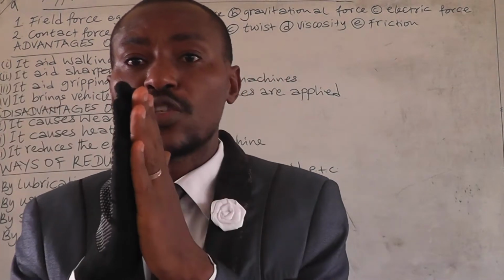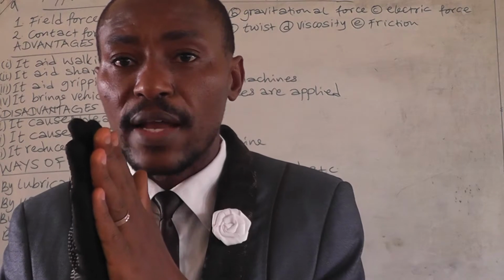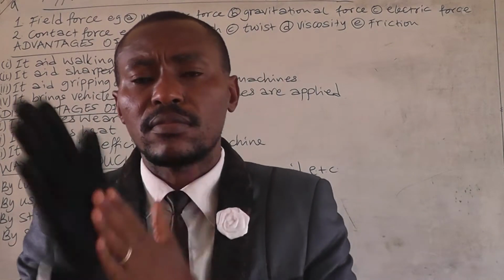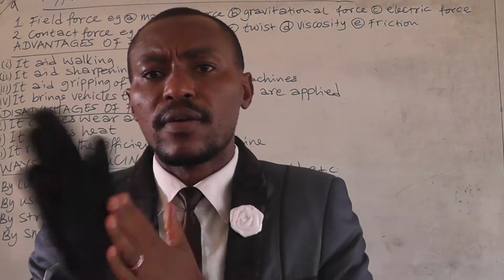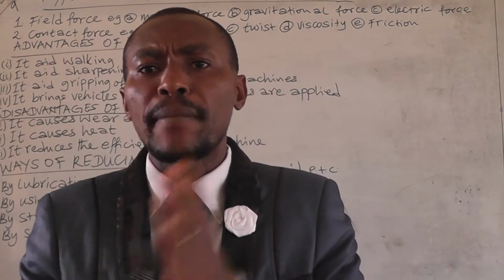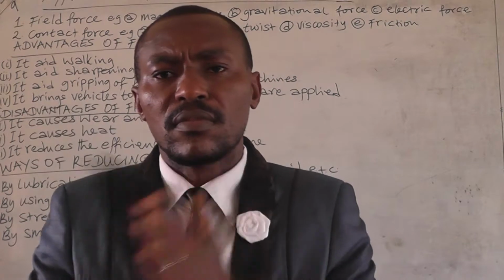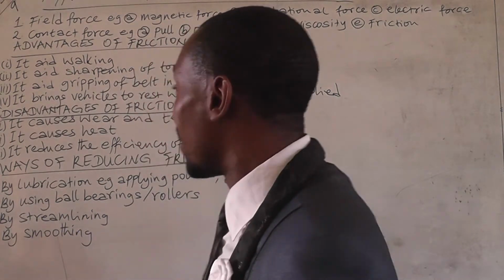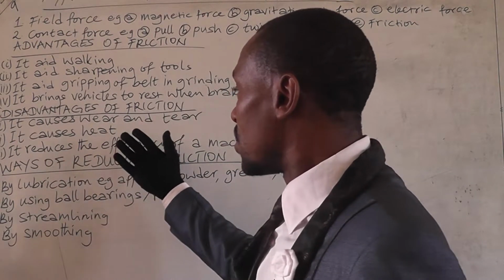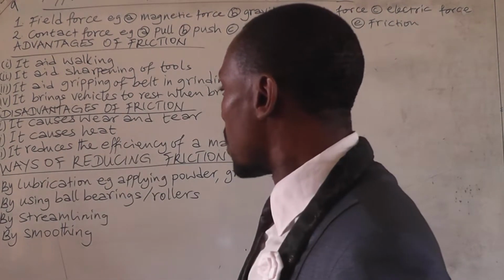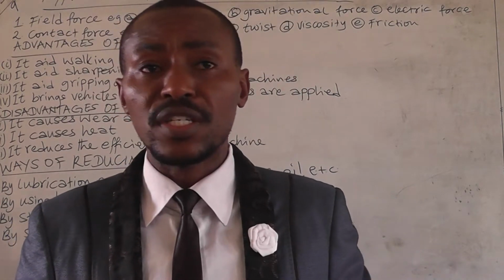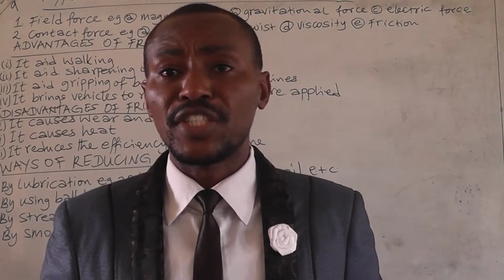Now, point number two, a disadvantage of friction is that it causes heat. Now, I'd like you to place your two palms together and just rub them together for like 1 minute. What do you feel? If you do that, you get the right answer. Now, it causes heat. Number three, it reduces the efficiency of machine.